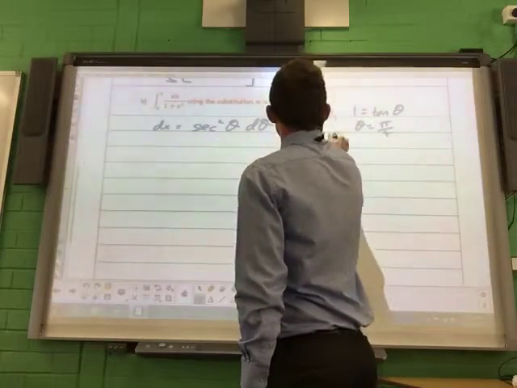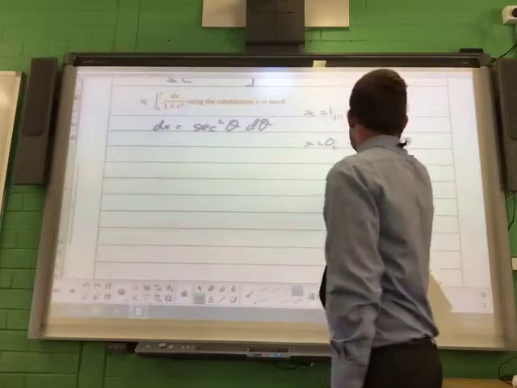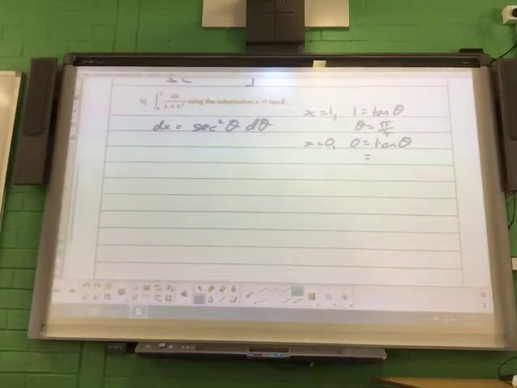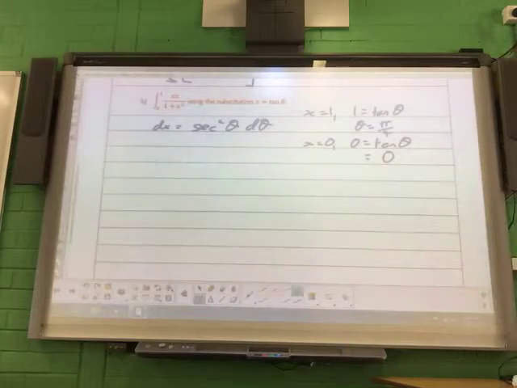Right, x is 0. 0 is going to be tan of theta. Tan of what angle makes 0? 90 is the asymptote. 0. Just your first quadrant here, so we'll be fine.